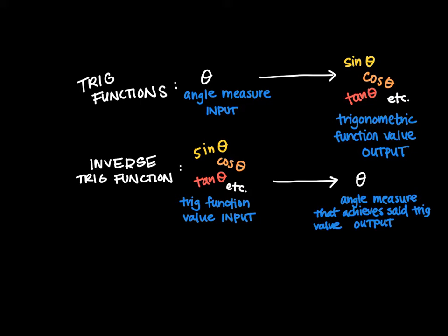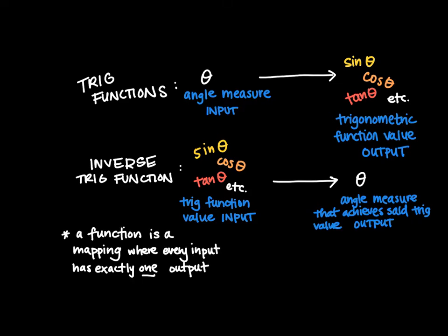First day or second day of class, a function was defined as a mapping that for every input, you have exactly one output. And this is where inverse functions for trigonometric functions become really, really difficult. Don't be worried. You just need to be detailed in your approach. So let's visualize the graph of sine.